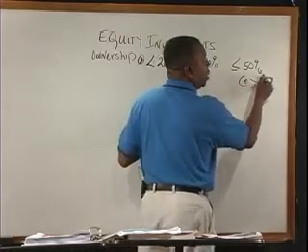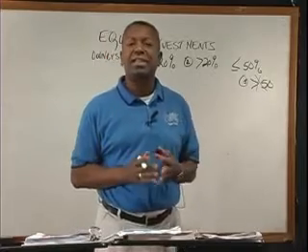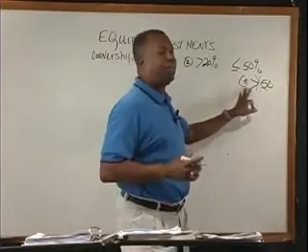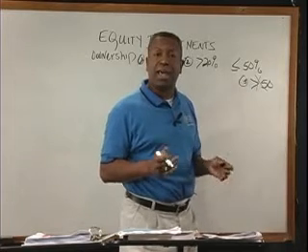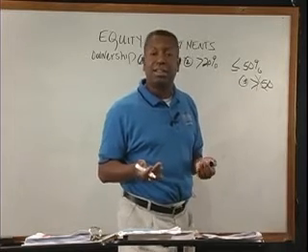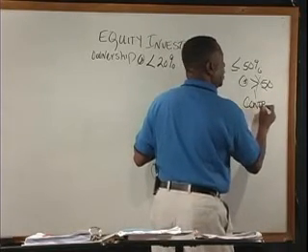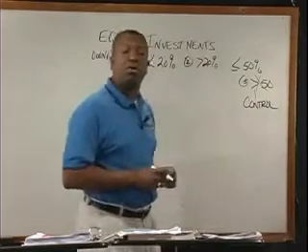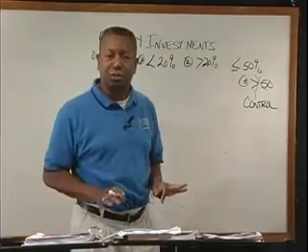Now, we're not going to talk about ownership greater than 50% because that's consolidation. If an investor owns more than 50% of an investee's outstanding stock, that's referred to as control. The investor has control over the investee, and we're going to talk about that in another module.